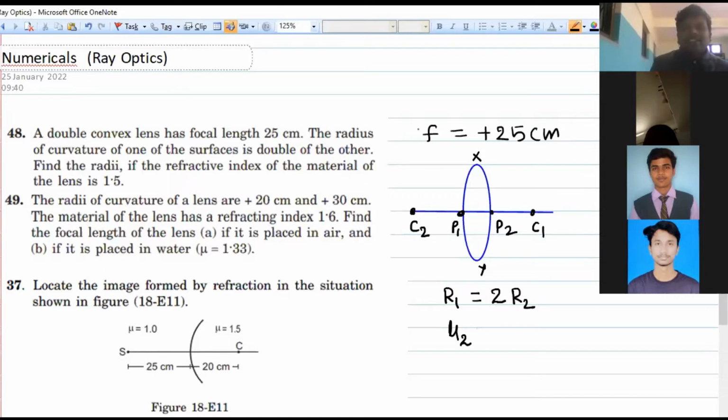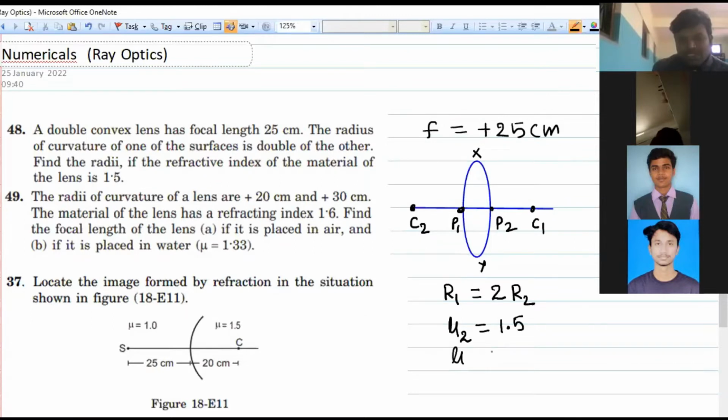The medium is not given, so we are taking air medium. Let us assume the lens is placed in air. So the refractive index of the surrounding medium, mu1, is equal to 1 here.